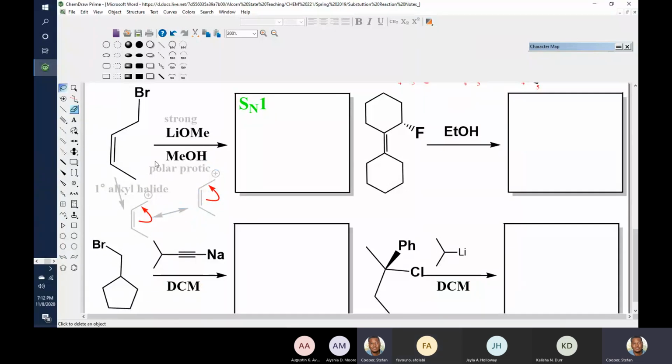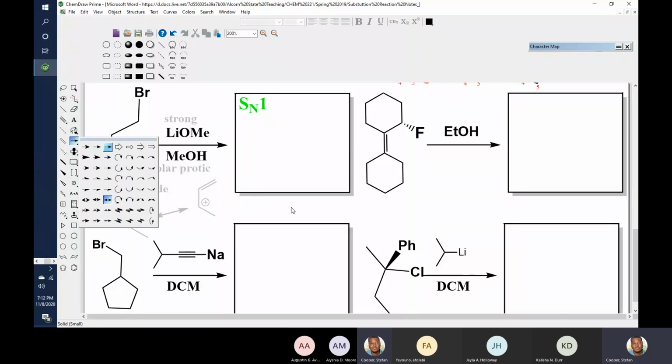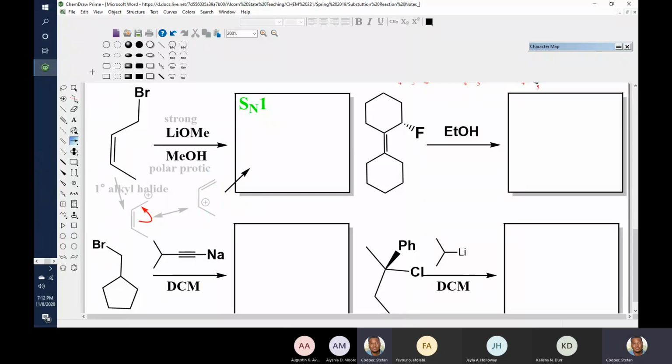All right, this is going to move to be a secondary carbocation. Good. So what happens now? Now I draw my product out, right? What's my product going to look like?